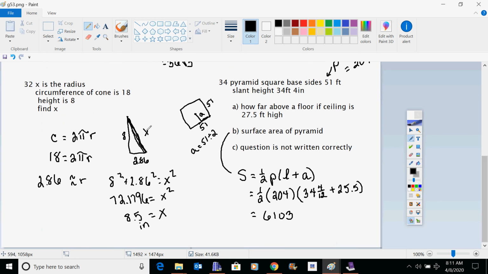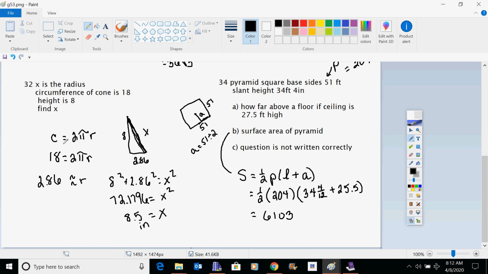For number 32, this one tells you that you're trying to figure out that party hat question, and really the X in this case is the way that it folds, if you can picture in your mind the paper folding, which is a little bit tricky. It's really the slant height of the party hat that we're looking for.